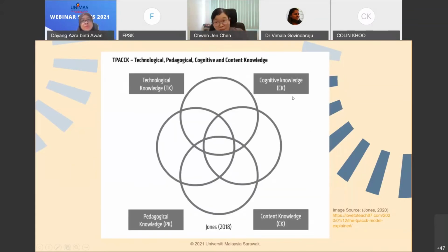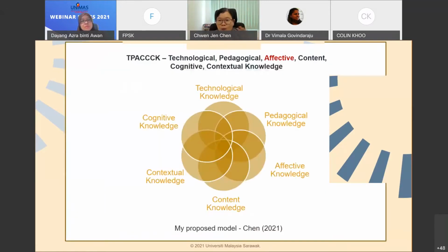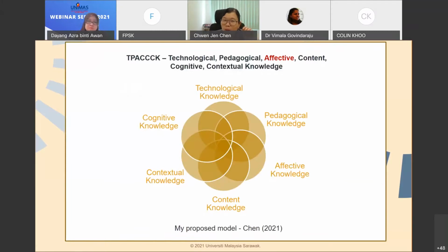we already have 5 different types of knowledge. But I would like to propose adding another knowledge domain, which is the affective knowledge domain. Affective here basically talks about knowledge of students' emotional well-being. It talks about someone's emotion.